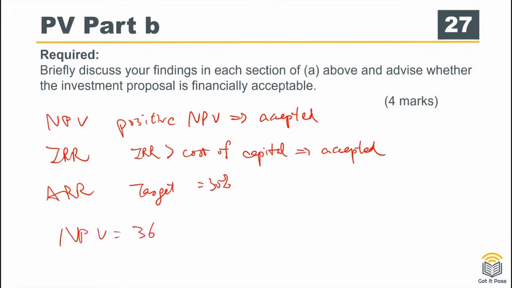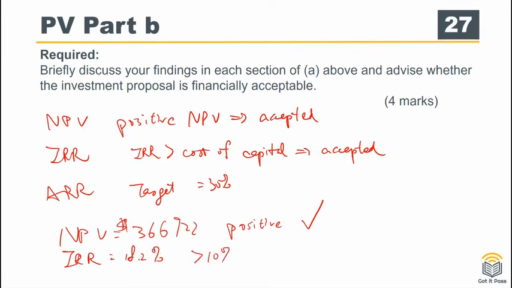It is 366,000, which is positive. Okay, so accepted. For internal rate of return, it is 18.2%, which is greater than 10%.